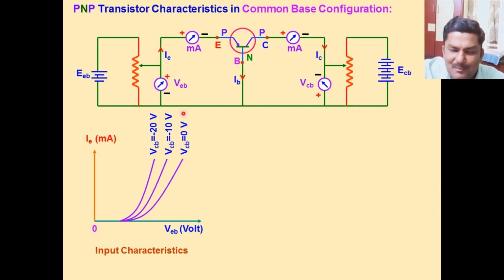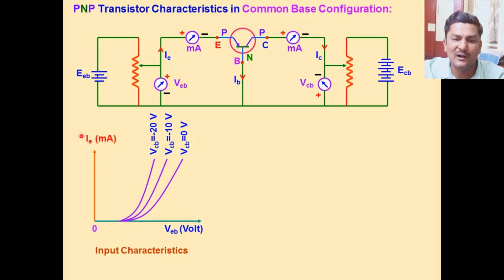The same procedure is repeated with a constant VCB of minus 10 volt. The voltage across collector and base is maintained at minus 10 volt, and again VEB is first kept at 0 and gradually increased in the same order.